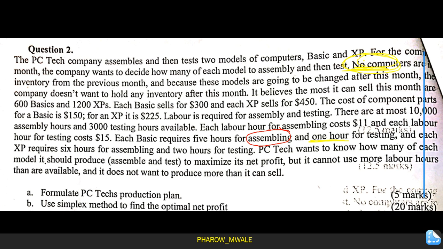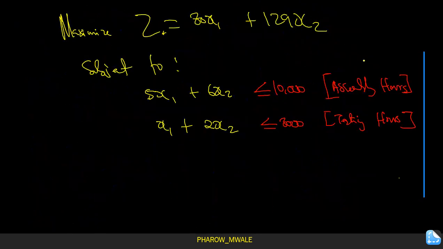It believes the most it can sell this month are 600 basics and 1,200 XPs. So it can only sell less than or equal to 600 for the basics.